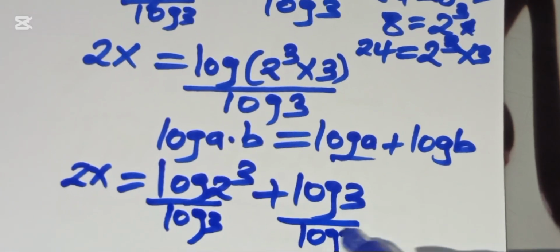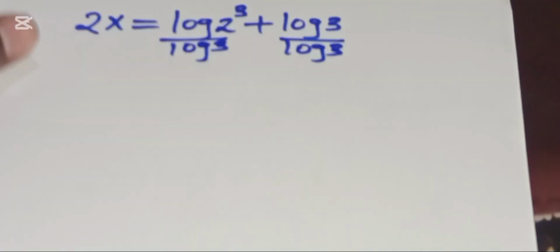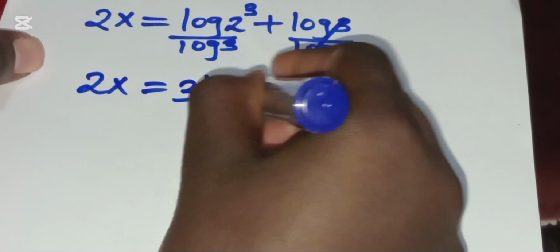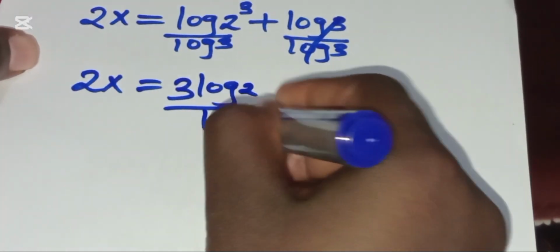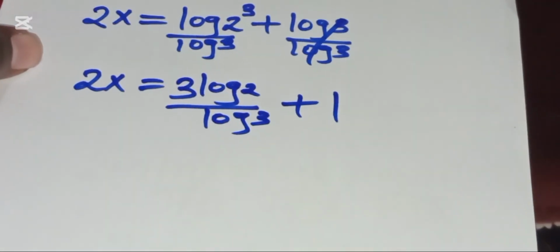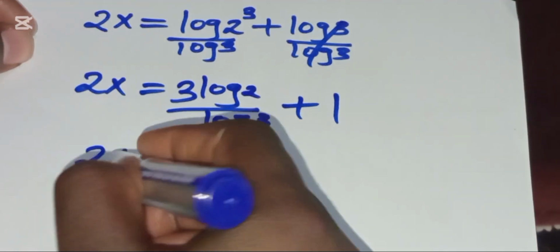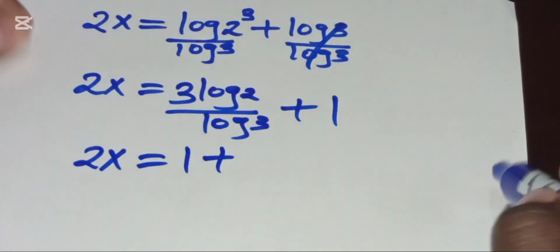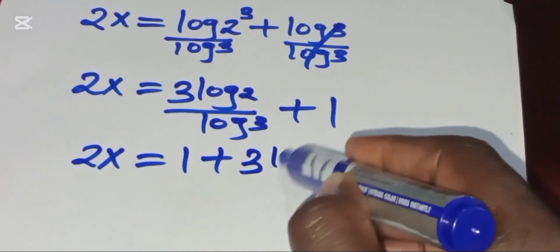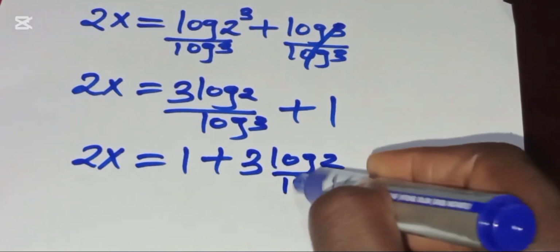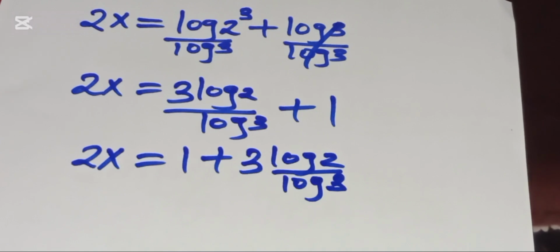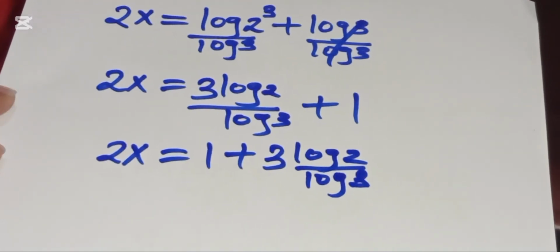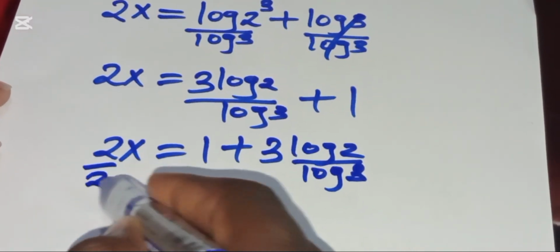Simplify here, we'll have 2x equal to log 2 raised to the power 3, which can be expressed as 3 log 2, divided by log 3, plus 1. Which we can write as 2x is equal to 1 plus 3 log 2 divided by log 3.